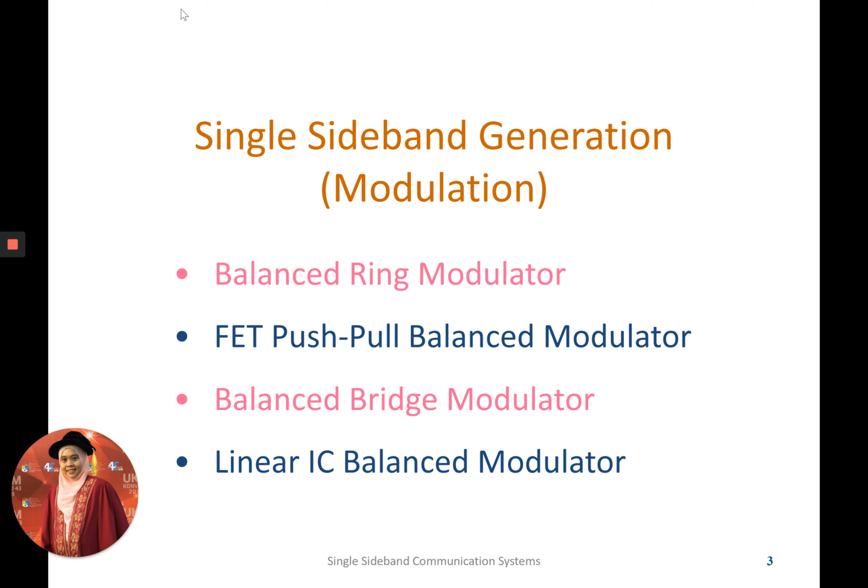So this balance bridge modulator is actually quite similar to the balance ring modulator, and it uses the same operation, but a little bit different in terms of the circuit or electronic component configuration inside these two modulators. So I will show you after this on the next slide the equivalent circuit of these modulators.